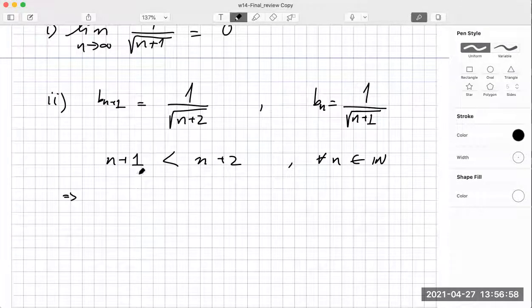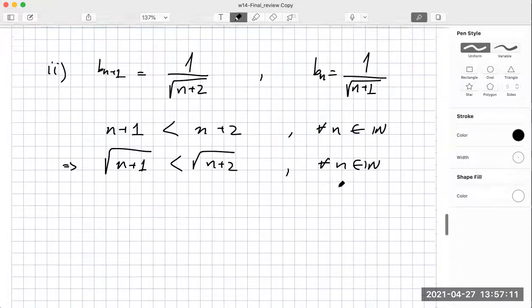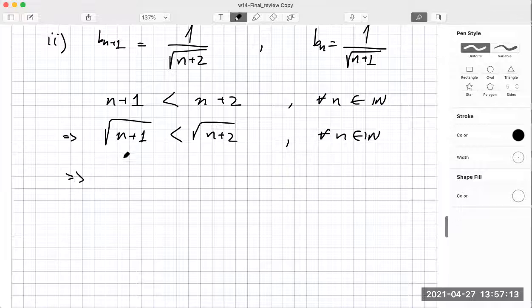So we take the square root of both sides, and the inequality still holds. Then when we flip it, the inequality should change the sign.